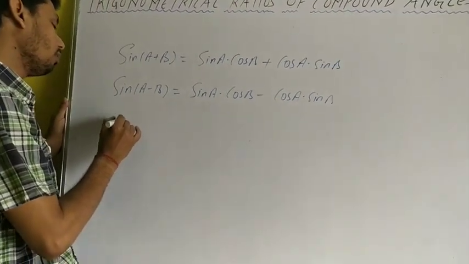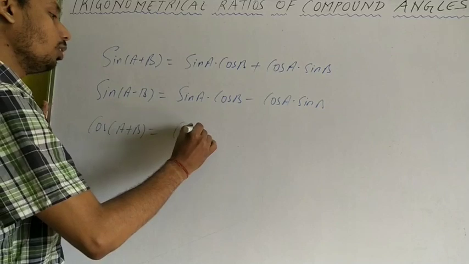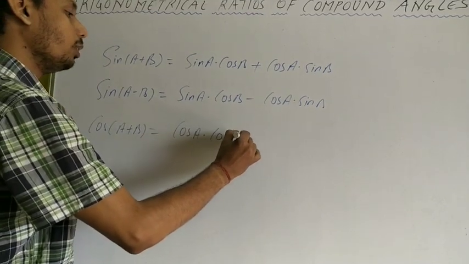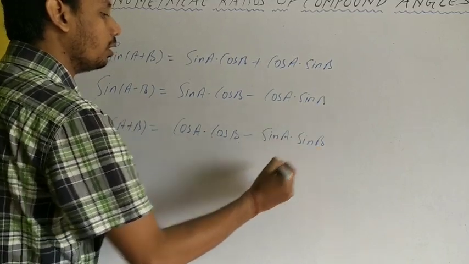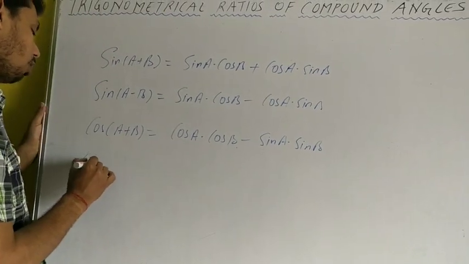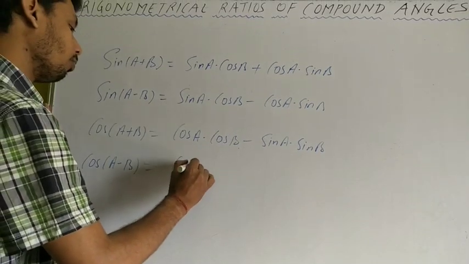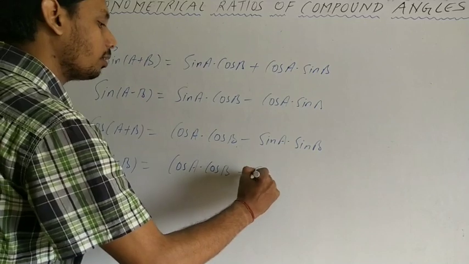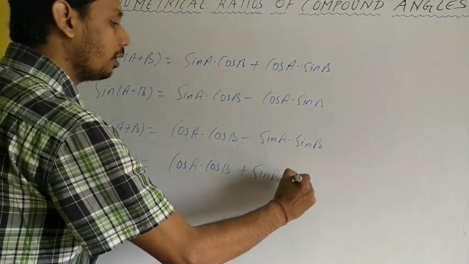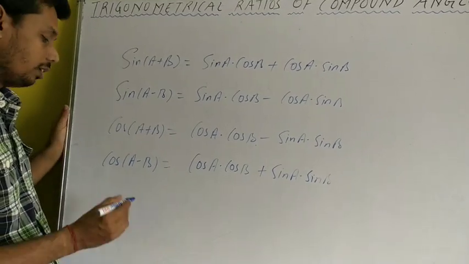We have also discussed the derivation of cos of a plus b, that is cos a cos b minus sin a sin b, and cos of a minus b, that is cos a cos b plus sin a sin b. We have discussed the derivation of all these.